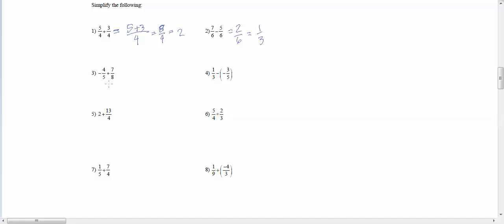For this one over here, what I'm going to need to do is make a common denominator. In order to do that, I would choose 40, I'm thinking. So in order to make this denominator 40, I need to multiply the top and the bottom by the same number. So I'm going to multiply it by 8 over 8, because really what I'm doing there is multiplying it by 1, which isn't changing the number whatsoever.